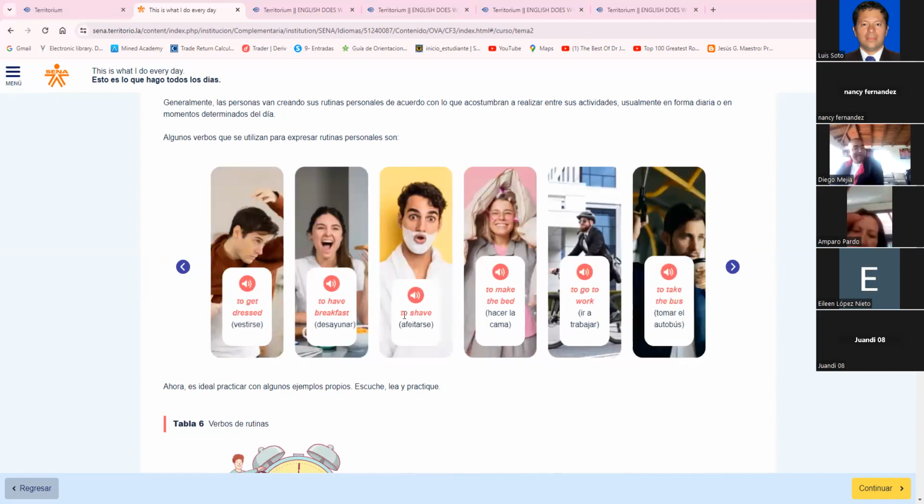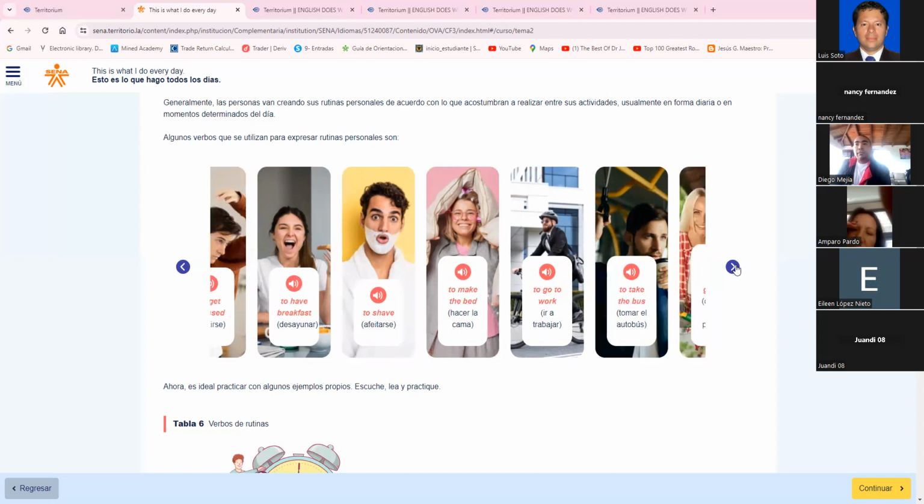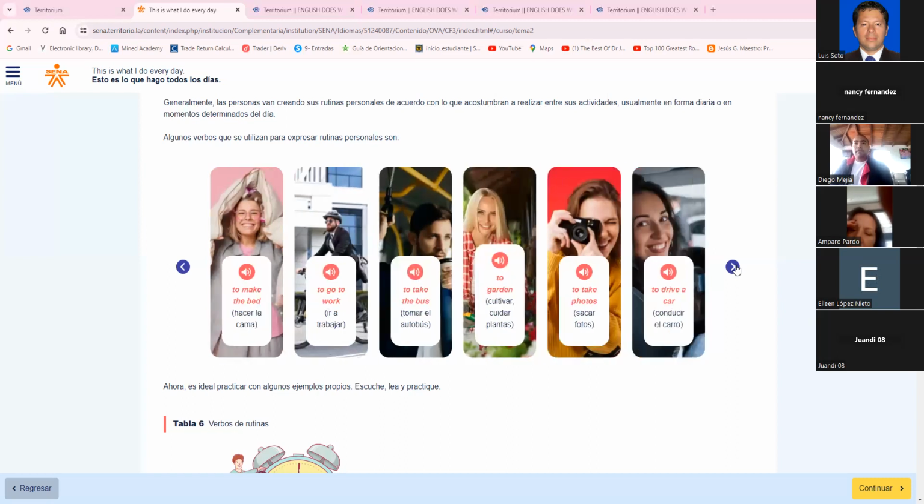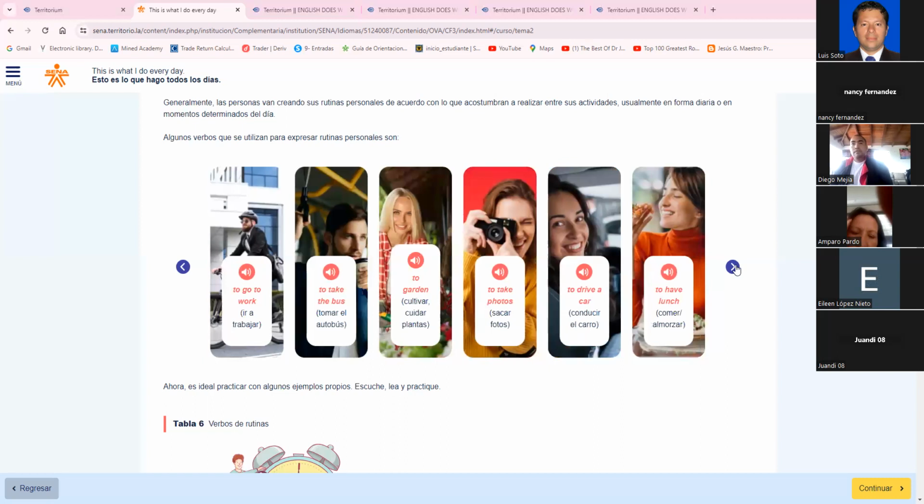Let's move on. To shave, to make the bed, to go to work, to take the bus. Usted si quiere lo puede repetir junto conmigo, ahí en su casa o en el Transmilenio o en el asadero, donde usted se encuentre en este preciso instante. ¿Okay?